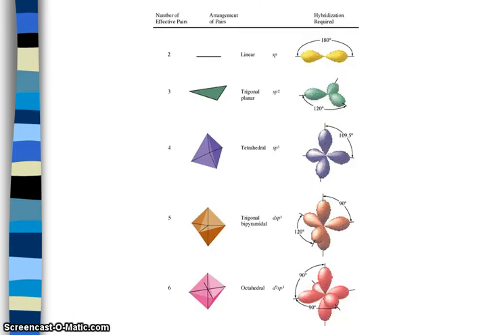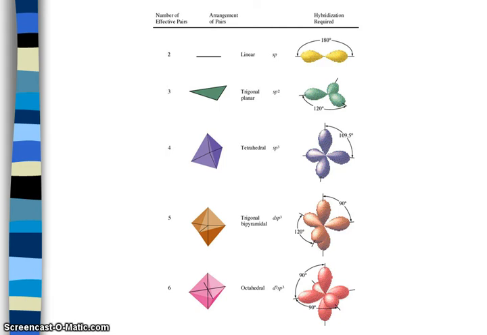So let's summarize. If we've got 2 effective pairs, we're going to have sp hybridization, and that's going to give us a linear arrangement. If we have 3 effective pairs, we're going to have sp2 hybridization, and that's going to give us a trigonal planar arrangement.